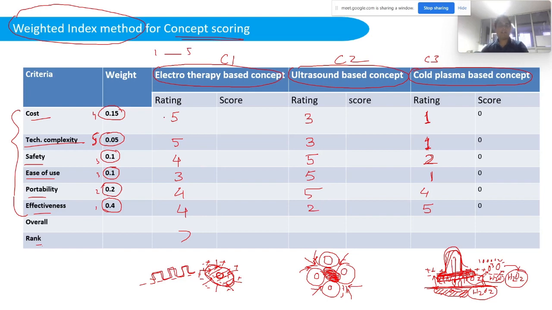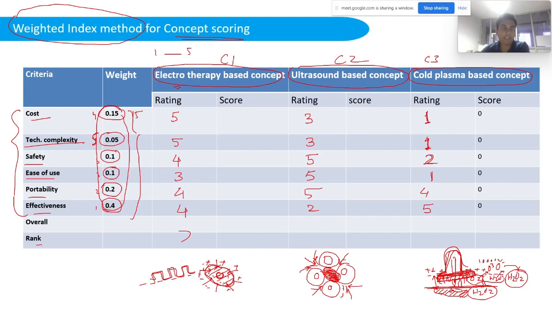So now what happened? Although some of the criteria got the highest rating, it does not mean that this particular concept is the best concept, because here we have weightage across each criteria. So we need to multiply these ratings with the weightage, and remember one thing: the sum of all these weightage should be 1, because this is in percentage.